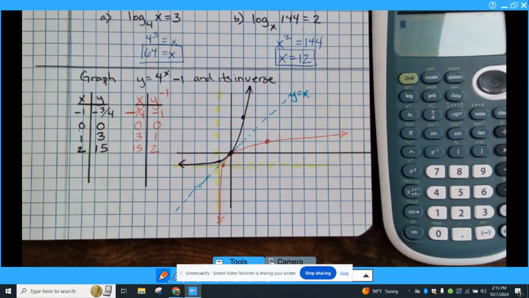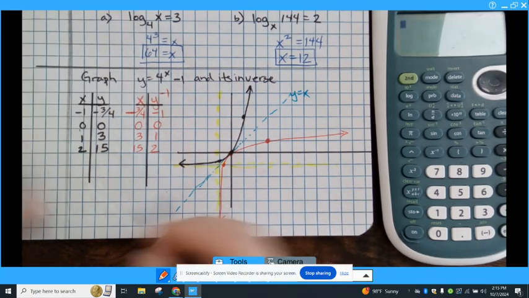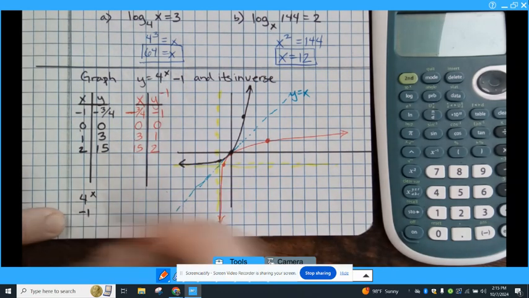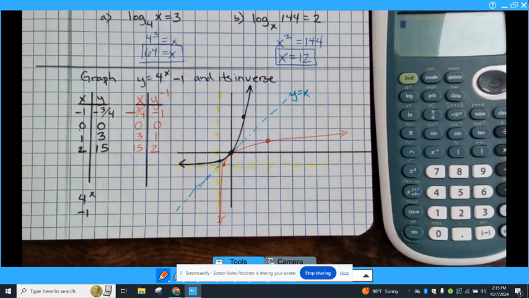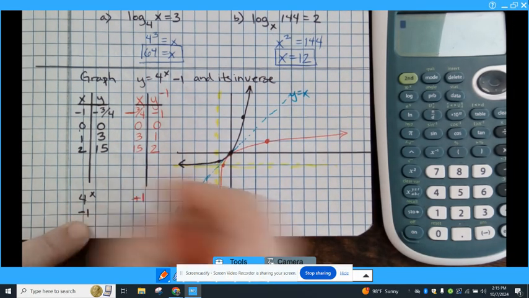Now, if we wanted to come up with the equation of its inverse, so going forwards, the first thing we did was 4 to the x, and then we subtracted 1. If we're going to do the inverse, the last thing I did is the first thing I'm going to undo. So I'm going to add 1.